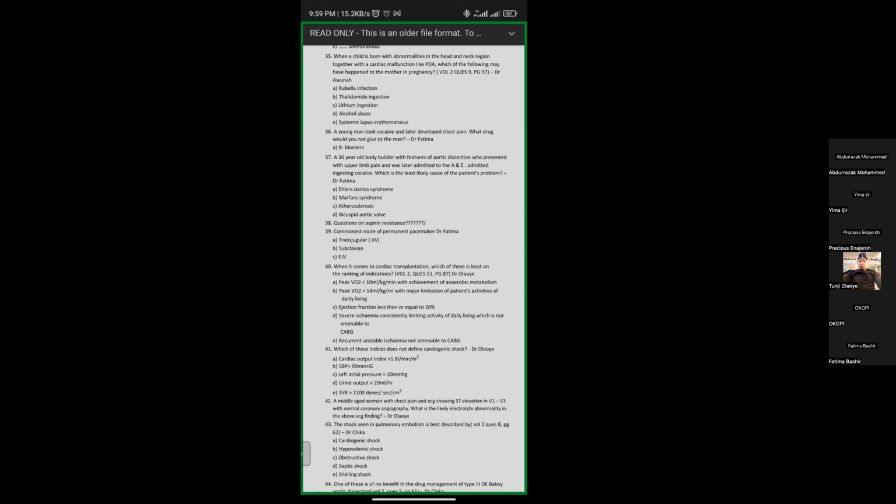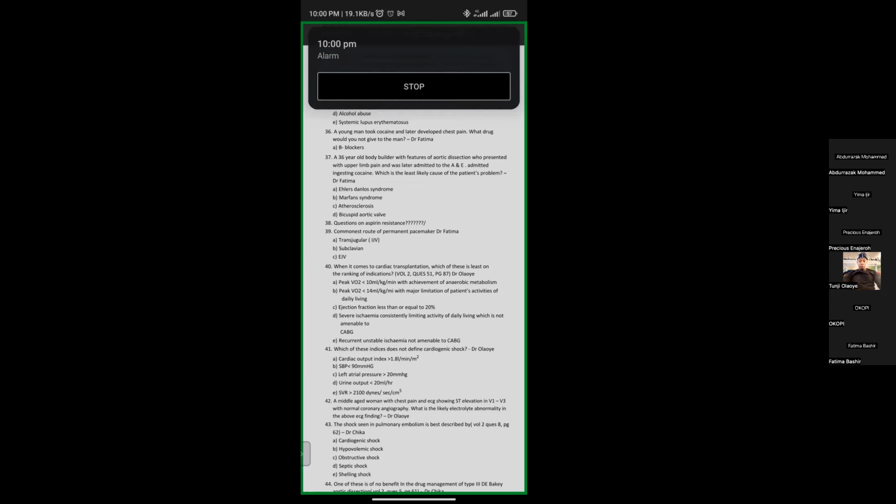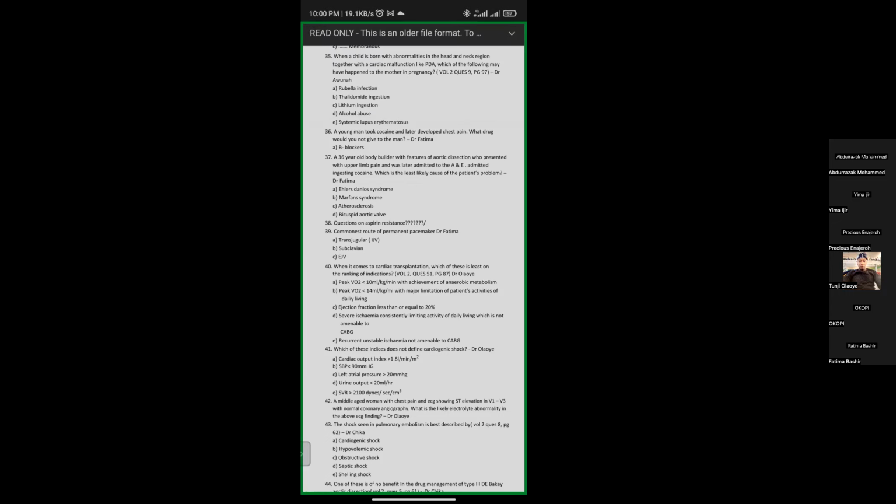So looking at these causes, a young man may have all this, with the exception of atherosclerosis. Atherosclerosis is the least likely cause of aortic dissection in this man. A is Ehlers-Danlos syndrome, B Marfan syndrome, C atherosclerosis, and D bicuspid aortic valve. So my answer here is atherosclerosis.